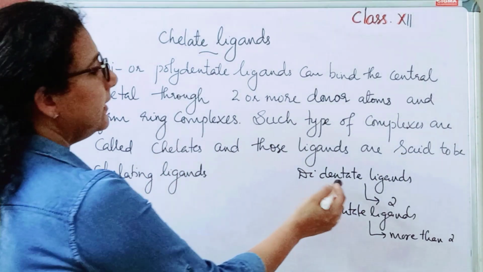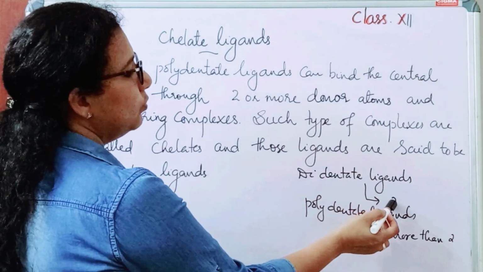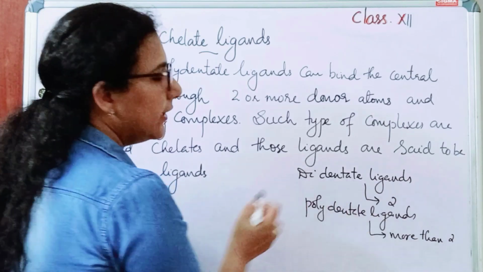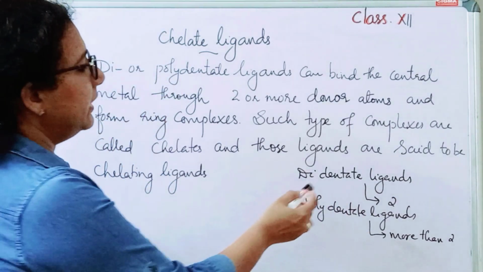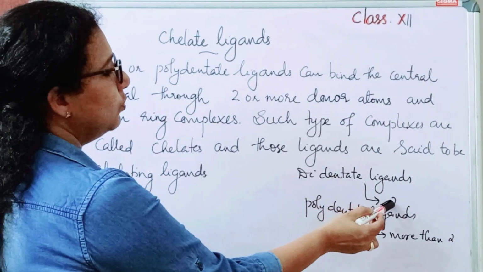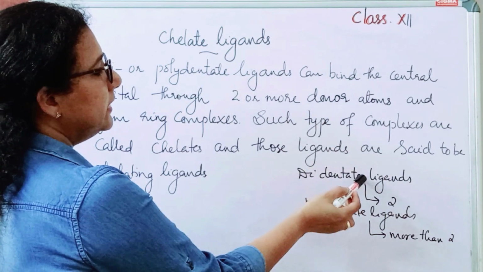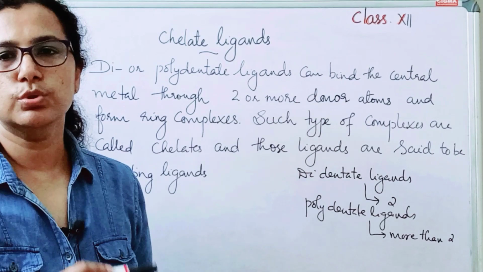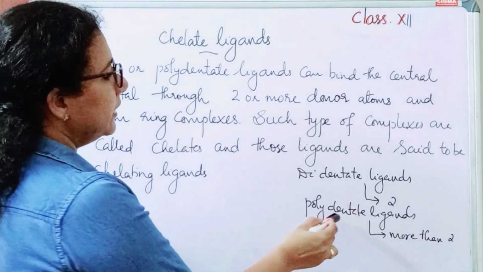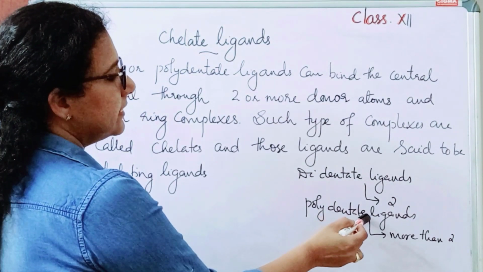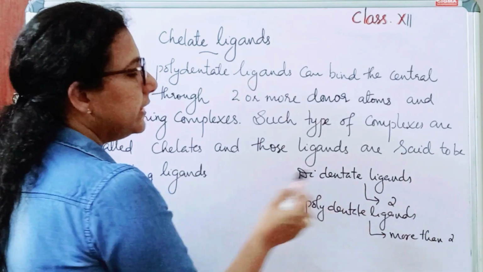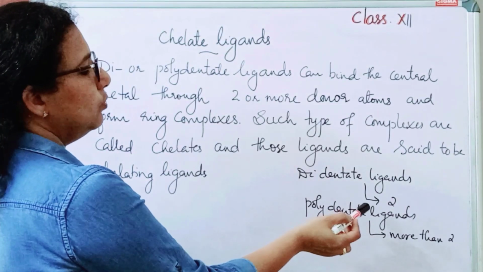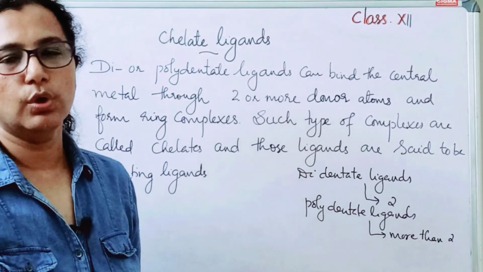Didentate ligands have two donor atoms, and polydentate ligands have more than two donor atoms. So didentate ligands can bind the central metal through two donor atoms, and polydentate ligands can bind the metal through more than two donor atoms.